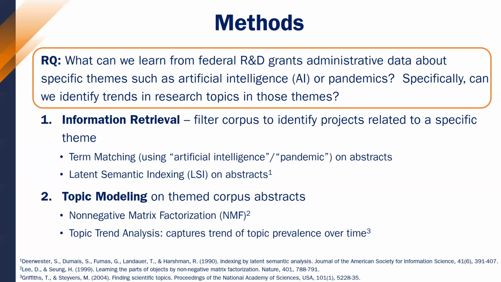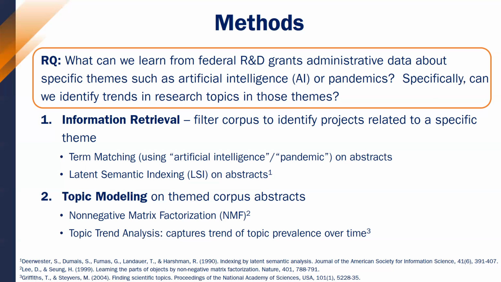So if an abstract includes that phrase, we return it as AI related. For abstracts that are related to AI, but don't include the phrase artificial intelligence, we use that method of latent semantic indexing to return those. So once we've done these two filtering methods, we have a themed corpus around, in this case, artificial intelligence.